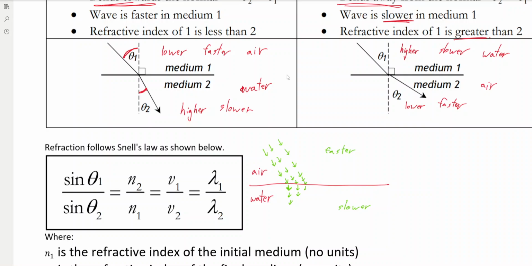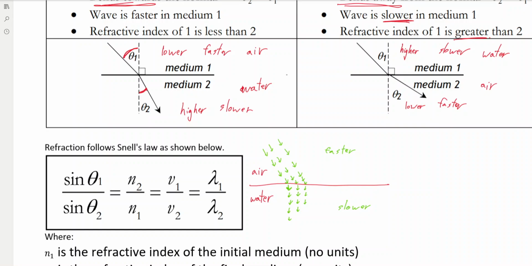So it will look like this, because it's being pushed down. It's slowing down on the side that's closer to the normal. So it's going to bend that way.